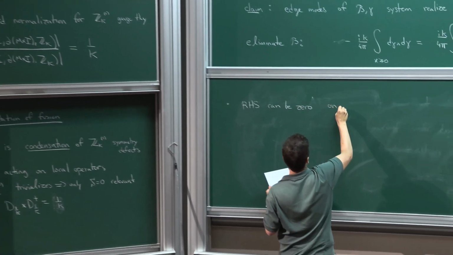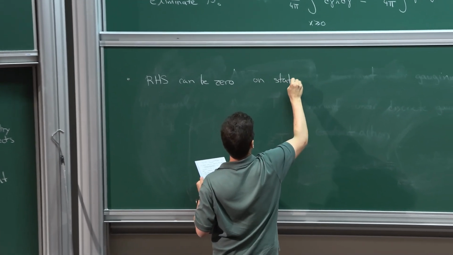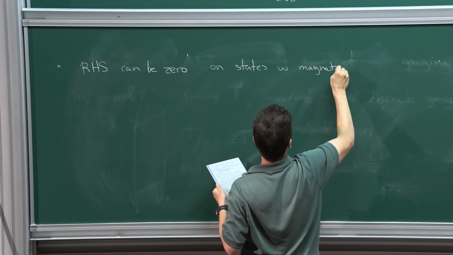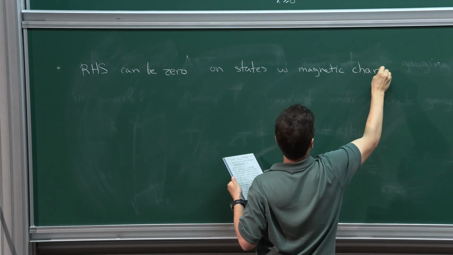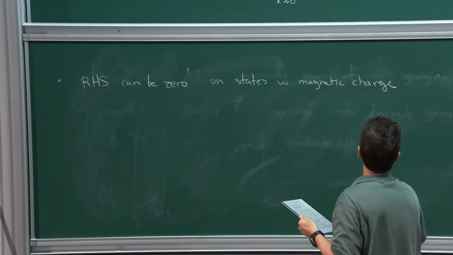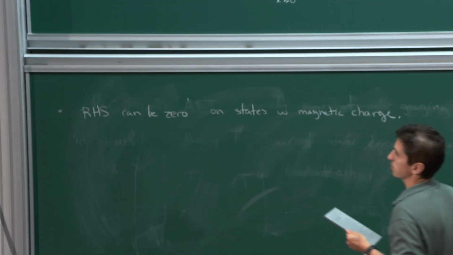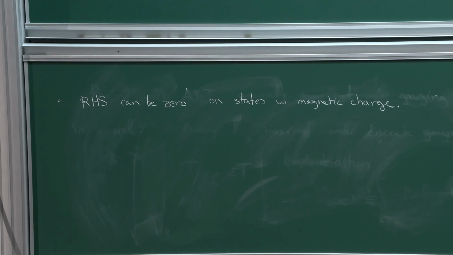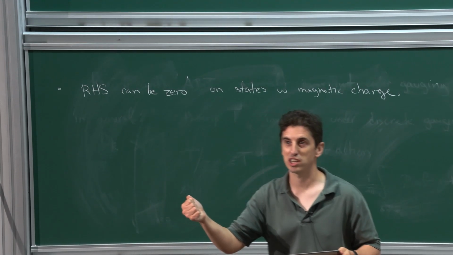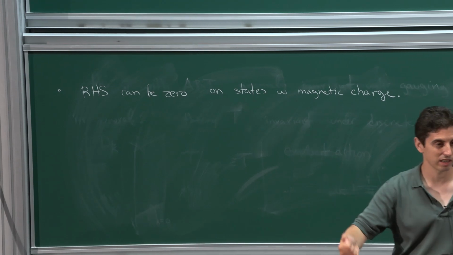It's on states with magnetic charge. Okay, so we shouldn't be surprised that this is where we need to go to find something interesting, right? To really activate the ABJ anomaly, we thought we needed 2-cycles or magnetic charge.